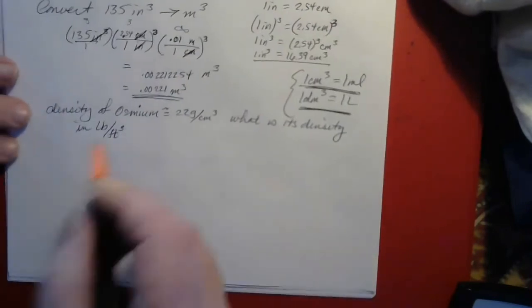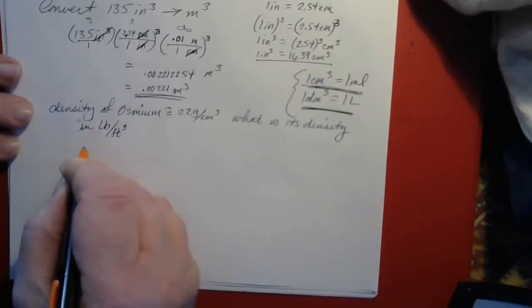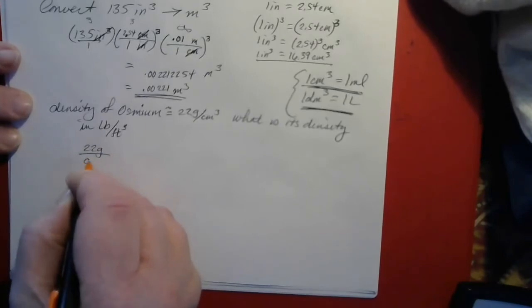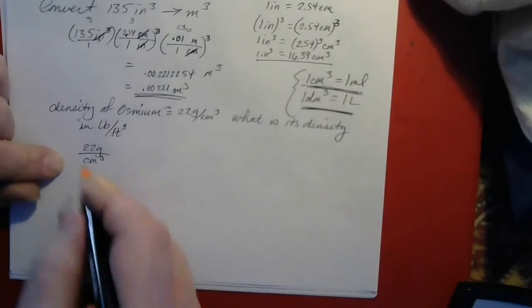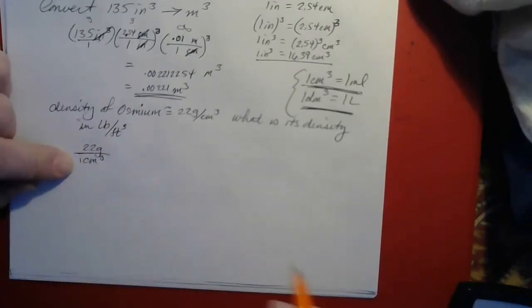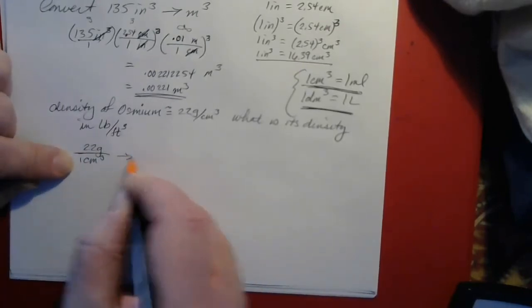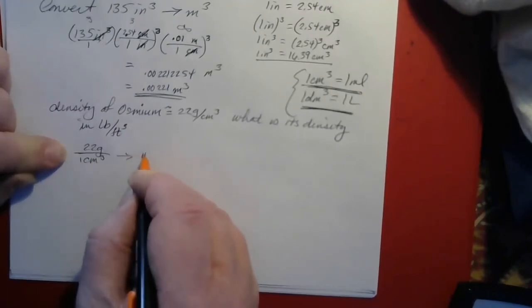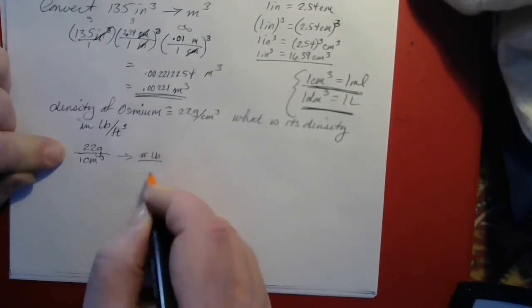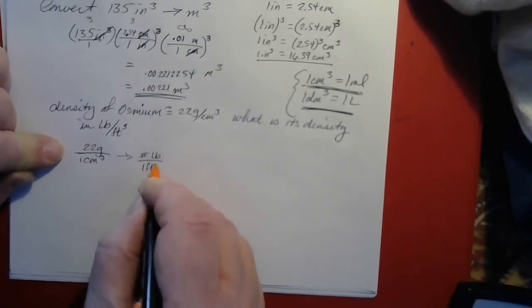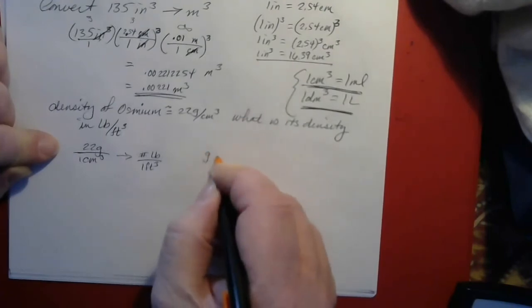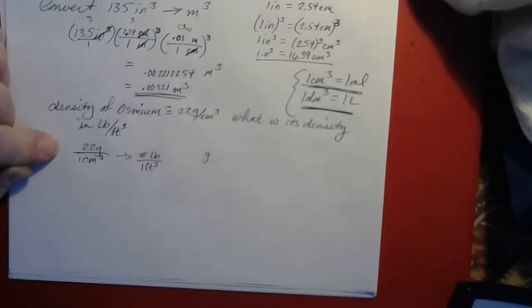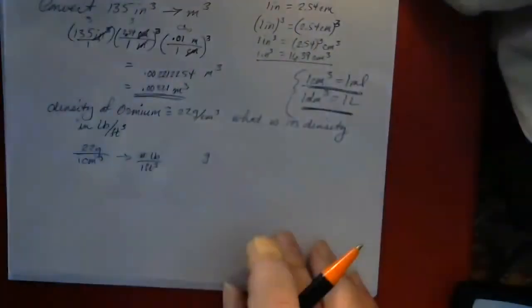So we can do this, and what this means is, first of all, you want to think of it as 22 grams over 1 cubic centimeter. And this has to become the number of pounds over 1 cubic foot. So we have to go from grams to pounds. And let's see, using our conversion factor here, that's a mass.